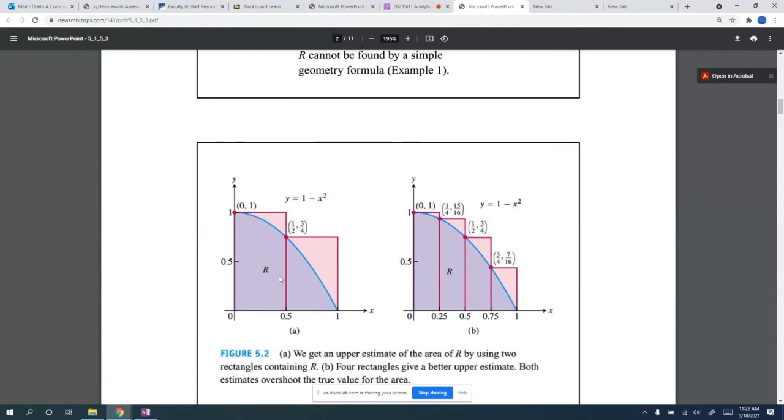Notice that a portion of our rectangle exceeds our curve, which would give us an area slightly larger than our actual area, which makes this an upper estimate. The more rectangles we use, the better our approximation. Notice this is still an upper estimate using 4 rectangles. We can find the area for every rectangle by simply multiplying the length times the width, adding those up all together, and that would give us the area.